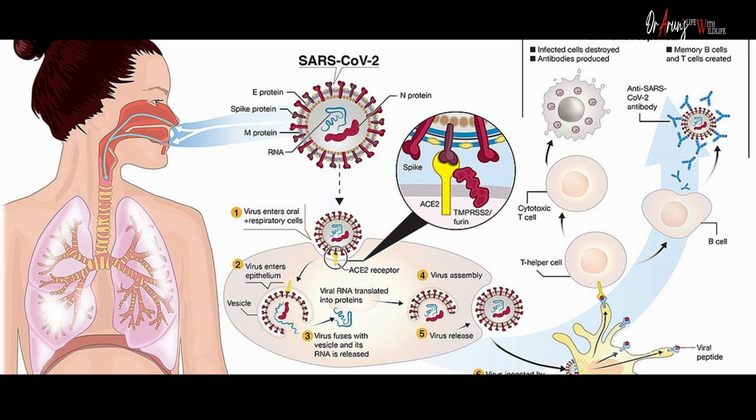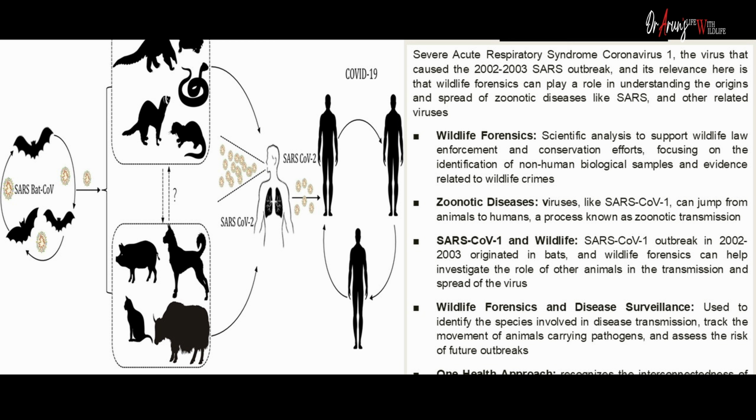This SARS-CoV-2 is a strain of the species of betacoronavirus pandemicum, as is SARS-CoV-1, the virus that caused the 2002 to 2004 SARS outbreak.